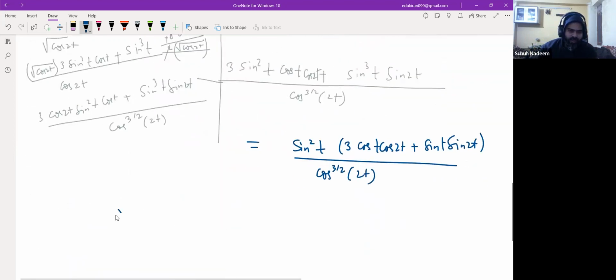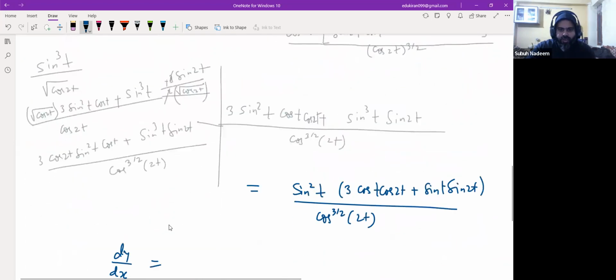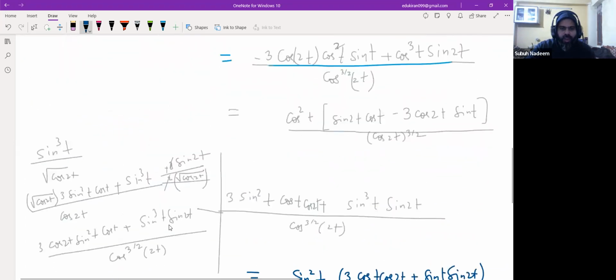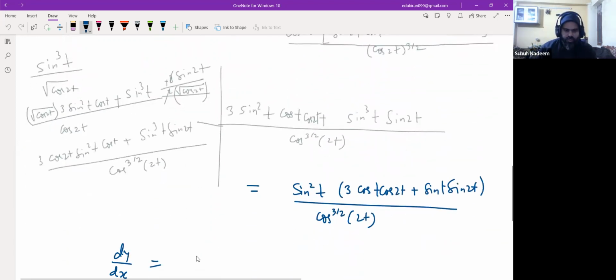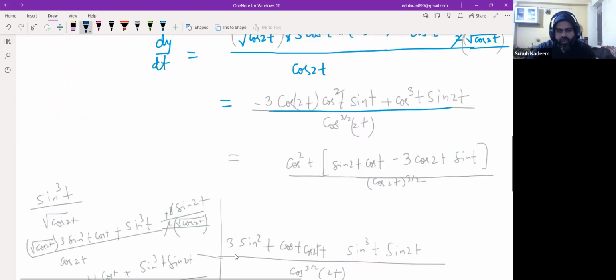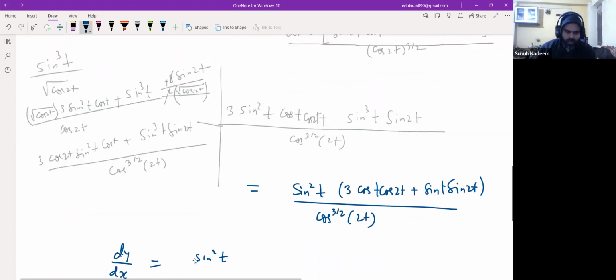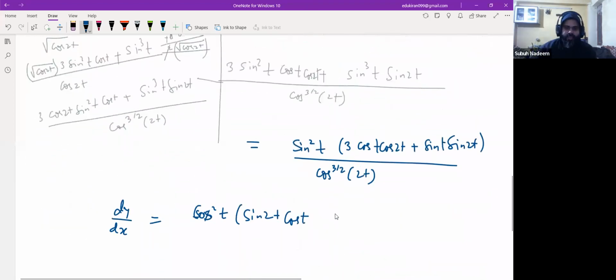So if you want to find dy by dx, cos to the power 3 by 2 of 2t is in dy by dt and also in dx by dt. That will cancel. And the numerator is cos square t, no, it is cos square t sine 2t cos t minus 3 cos 2t sine t.